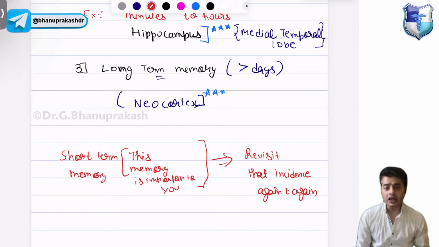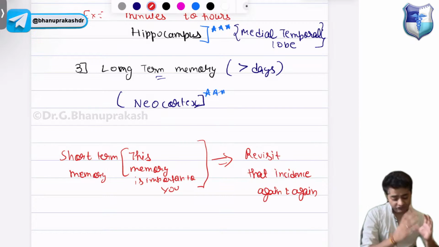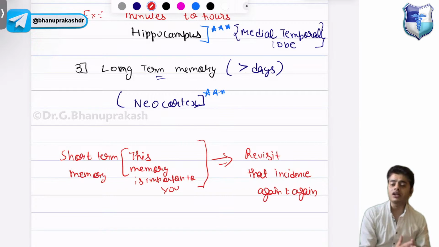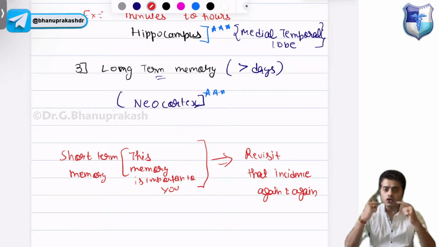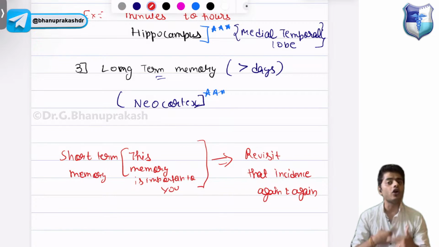One or two days, not more than that. But suppose there is a fight with this individual, or this individual gives you a gift or does you some favor. Then you will remember that individual for a long time.